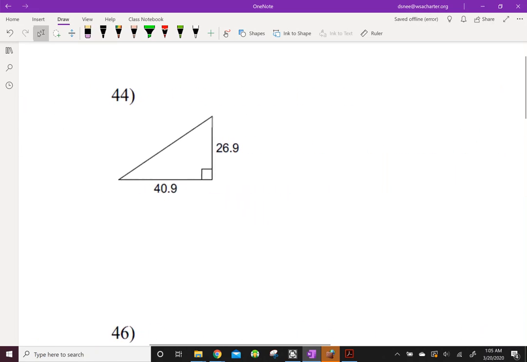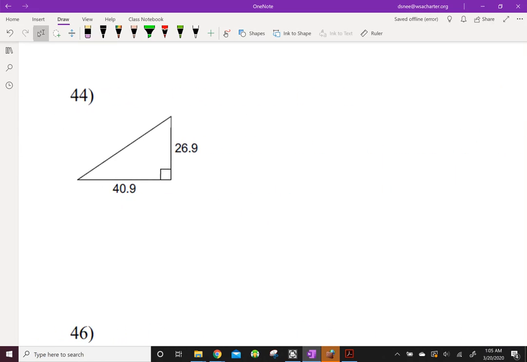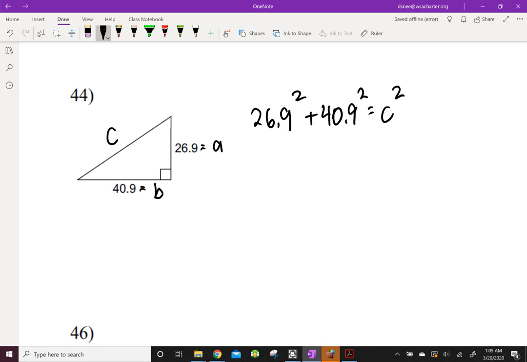One more for good measure. Oh, hey, we're missing C this time. We have A, we have B. So we're looking at 26.9 squared plus 40.9 squared equals C squared.